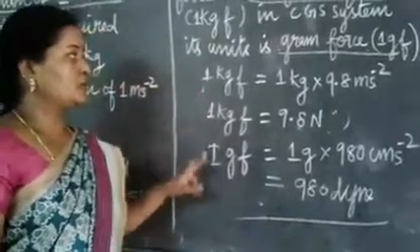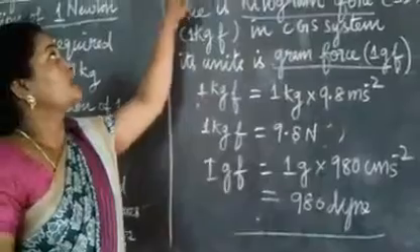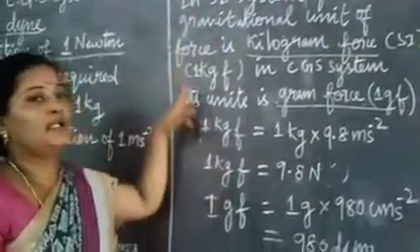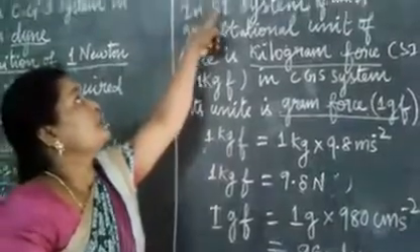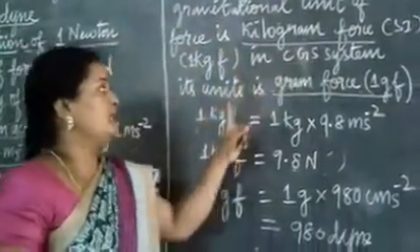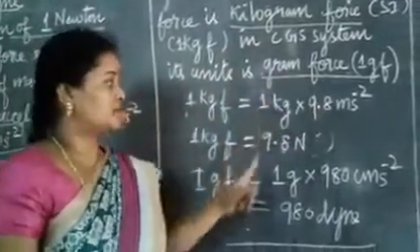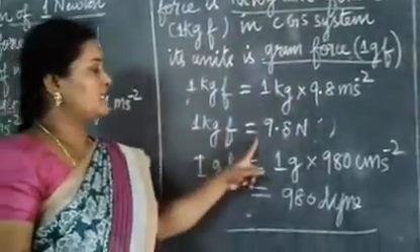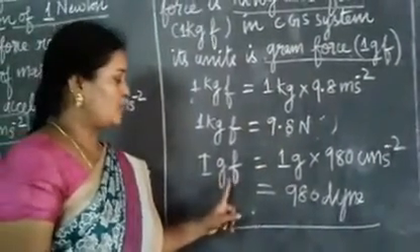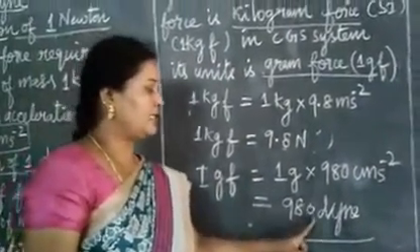These are the two systems of units for the gravitational unit of force. In the SI system it is kilogram force, in the CGS system gram force. In the SI system the value is 9.8 Newton, and in the CGS system 1 gram force equals 980 dyne.